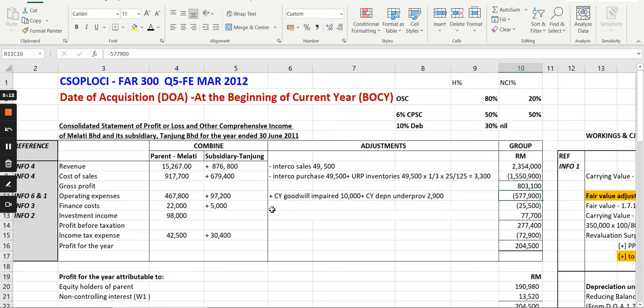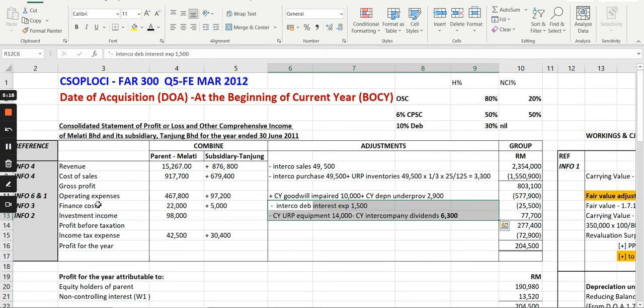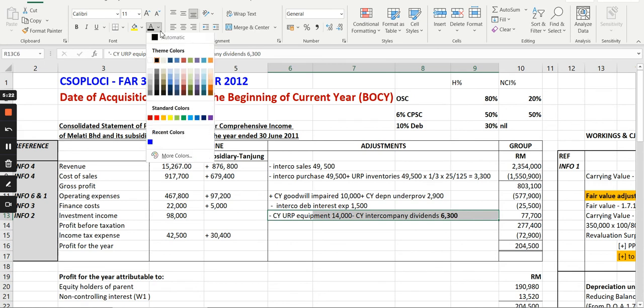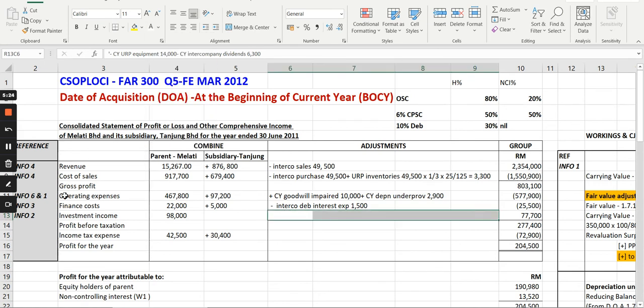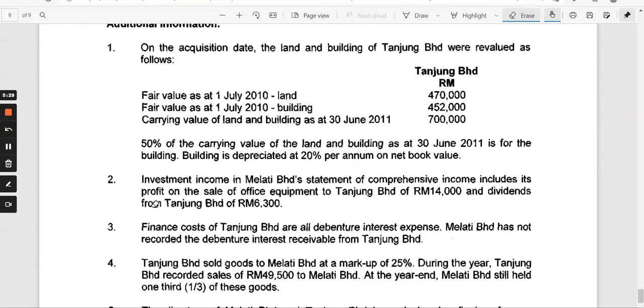And then you have finance costs, the adjustment that relates to finance costs. The information that relates to finance costs is information number 3. If you go to information number 3, you would notice that the finance costs are all debenture interest expense. Look under Tanjung because it says finance cost of Tanjung.